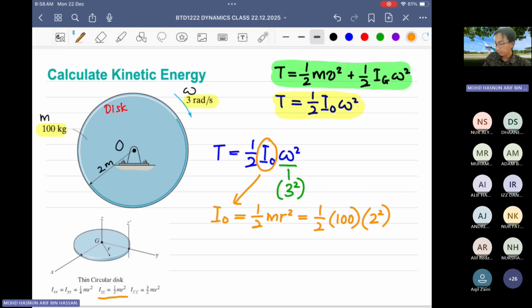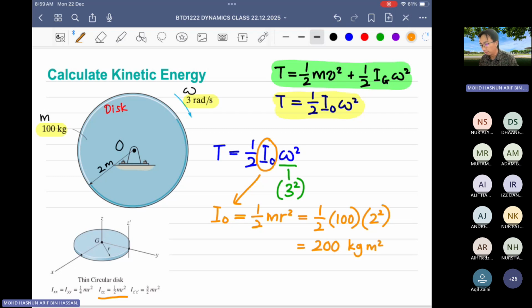All right, so let's calculate what Io is in this case. We have 1 over 2, which is 0.5, times 100 times 2 square, which is 4. So we have 200. The unit is kg meter square.